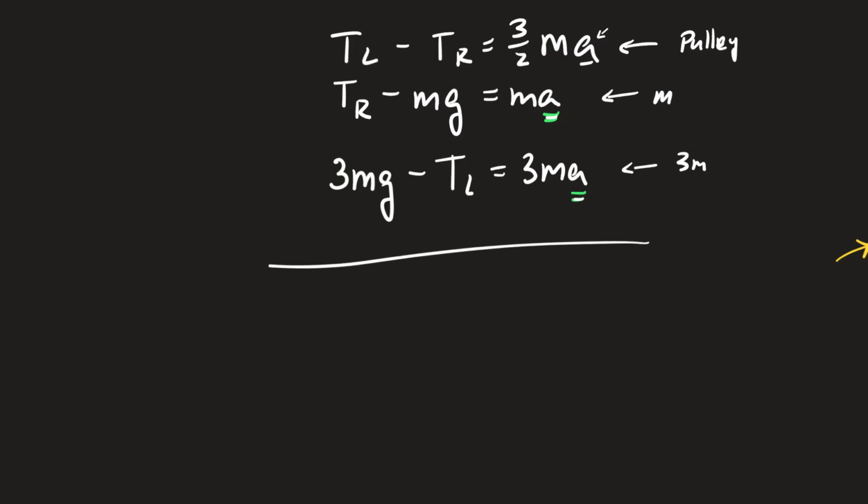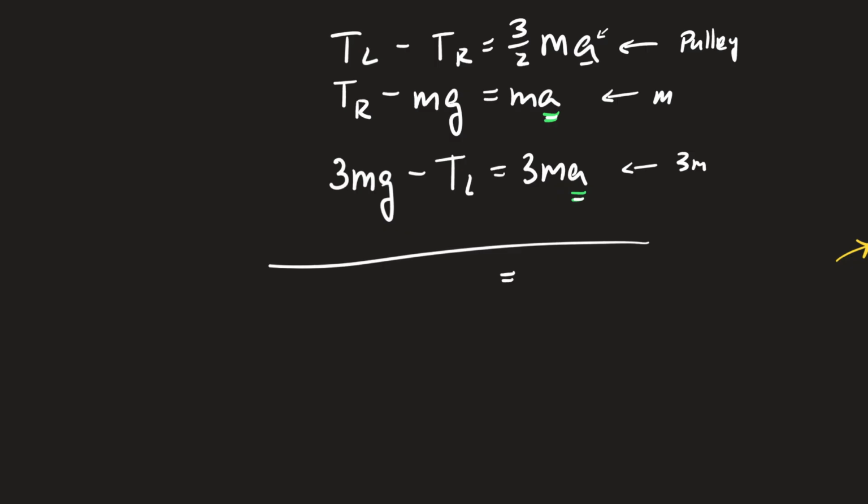If you've done this correctly, you should be able to add these together just like we did before. And if you look closely, I have positive TL and negative TL, and I have positive TR and negative TR. Do you see that? Your internal forces should cancel out, just like they did when we did this way back in October, even though we're including the pulley.